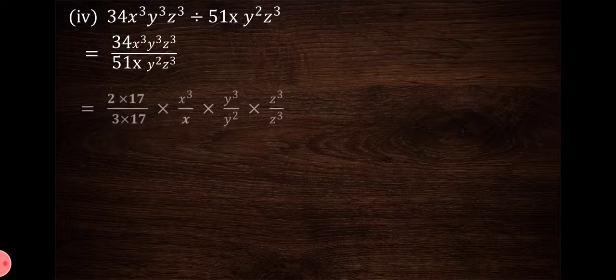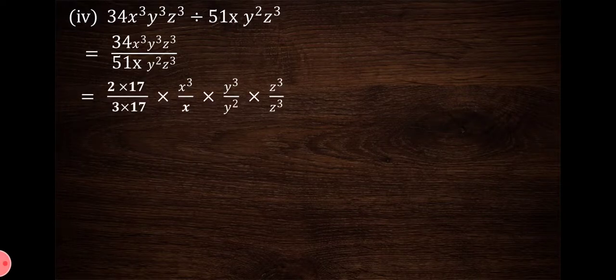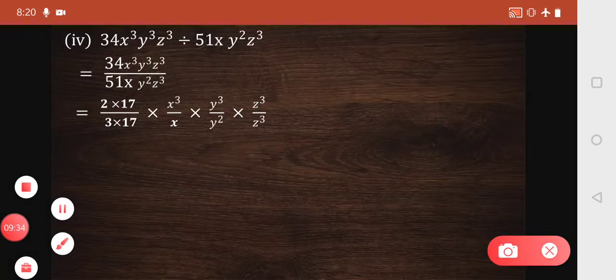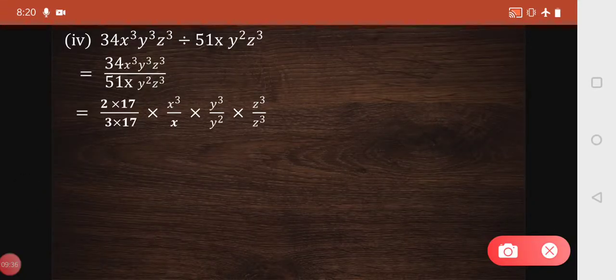Now we will separate the numerical value and the same factors. Here you can see 34 upon 51, that is the numerical coefficient. So factors of 34 are 2 into 17, and factors of 51 are 3 into 17. Now in the numerator there is x cube, and in the denominator there is x.